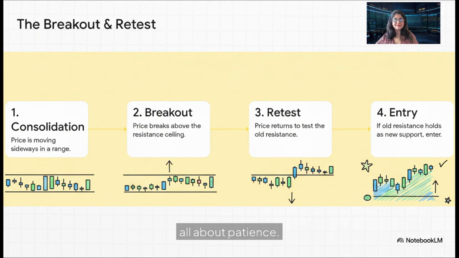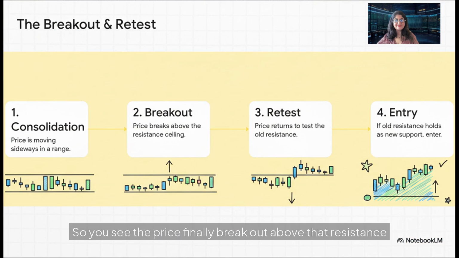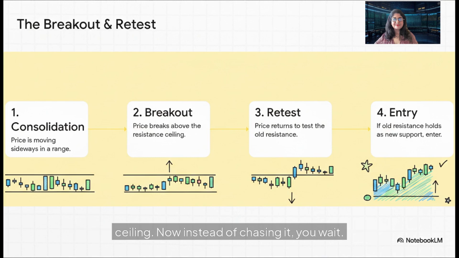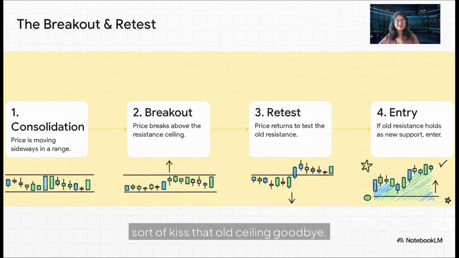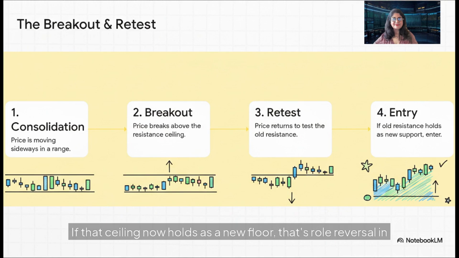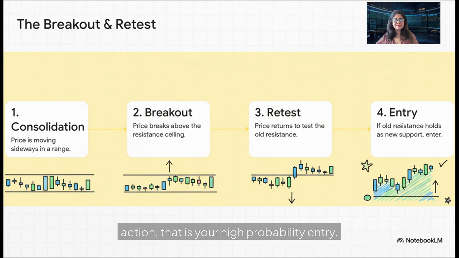It's all about patience. So you see the price finally breaks out above the resistance ceiling. Now, instead of chasing it, you wait. You let it come back down and sort of kiss that old ceiling goodbye. If that ceiling now holds as a new floor, that's role reversal in action. And that is your high probability entry.